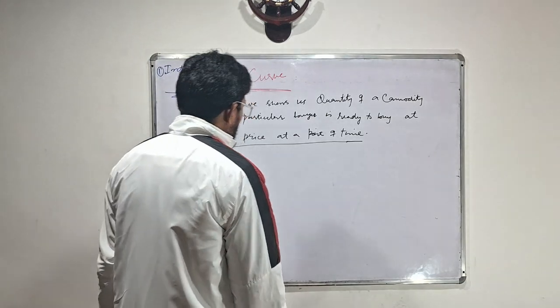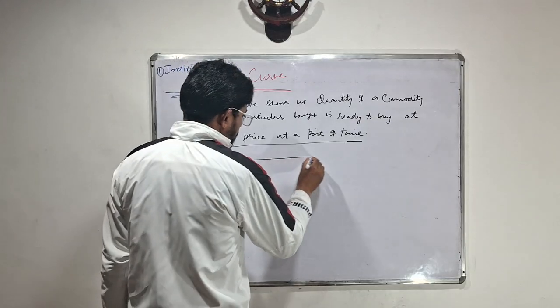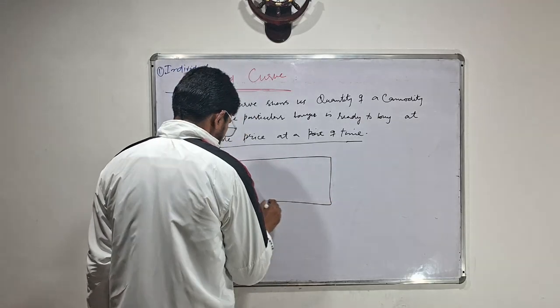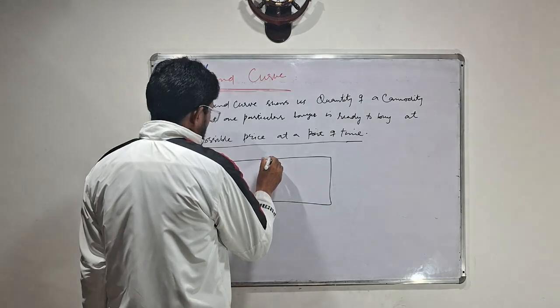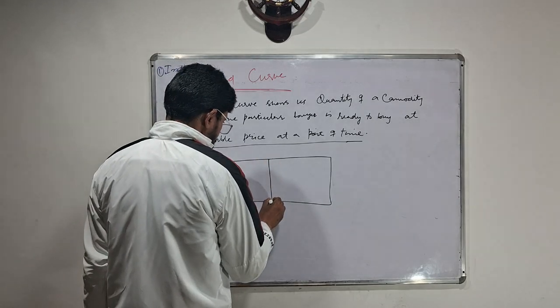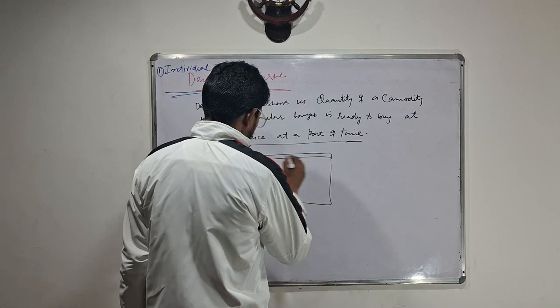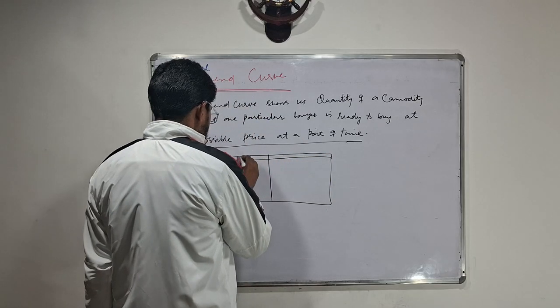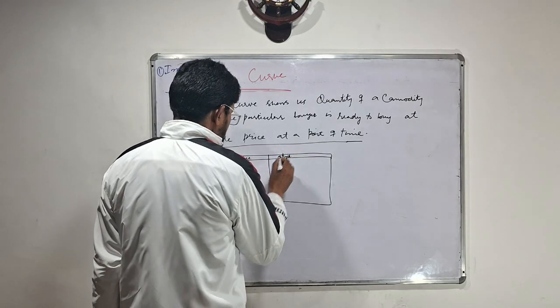Now I will draw the schedule in order to show you the individual demand schedule and individual demand curve. Here I will write price. Here I will write quantity demand, in short form.